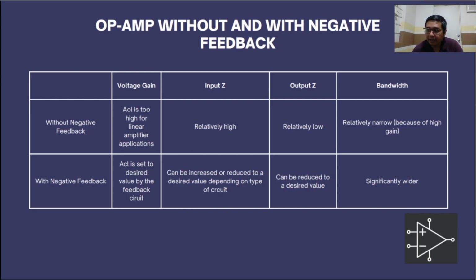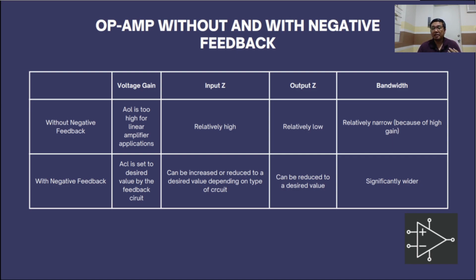This is the comparison between an op-amp without negative feedback and with negative feedback. The first one is in terms of voltage gain. Without negative feedback, the open loop voltage gain is very, very high for linear amplifier application. Meaning, we cannot use our op-amp as a linear amplifier if it is open loop.